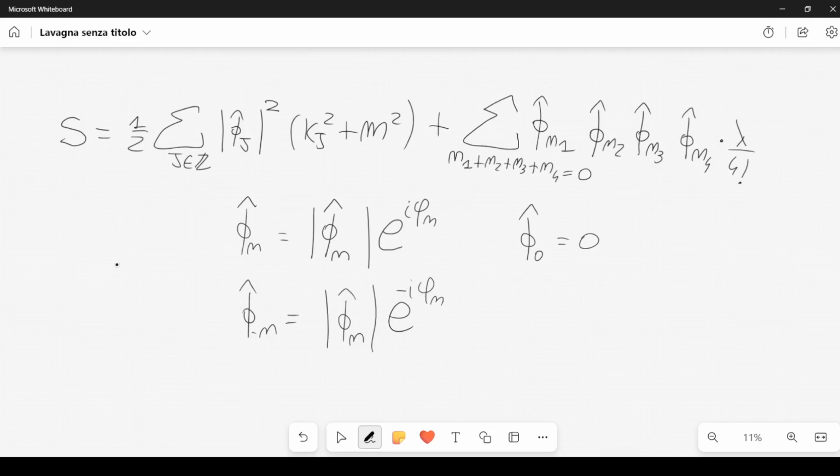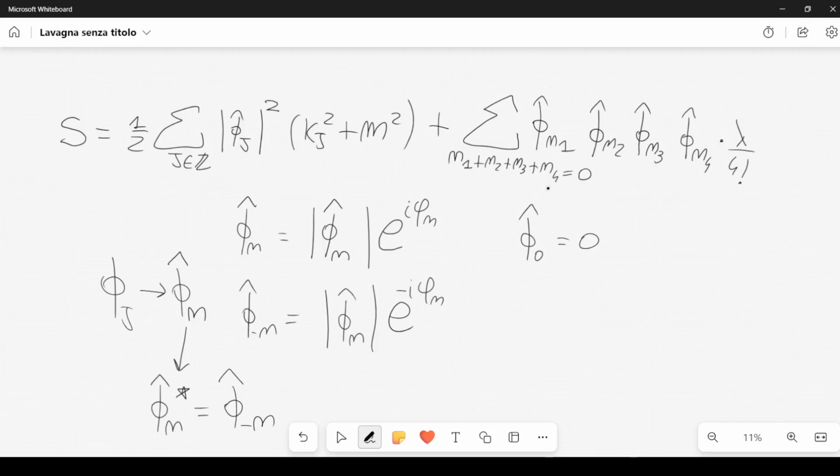So that's why we can say that for a real field, phi sub j, for example, we go to the Fourier domain and its Fourier transform, for example, phi hat sub n, and if we take the complex conjugate of this, phi sub n hat star is equal to phi sub minus n hat. So this is what you get.